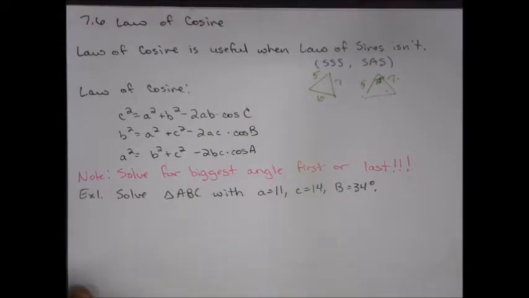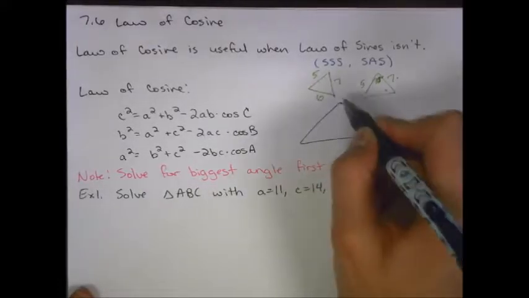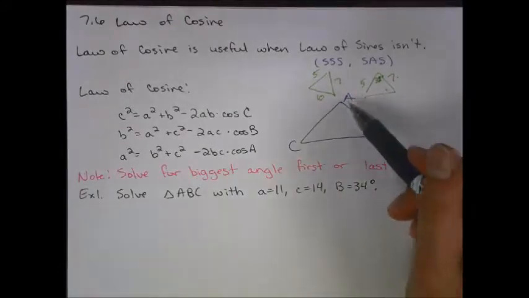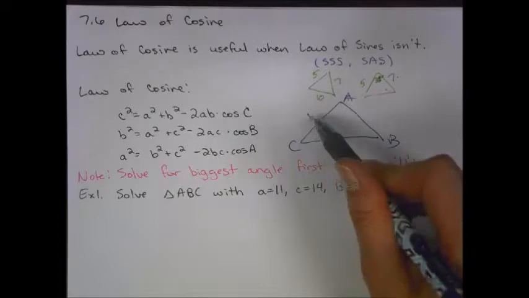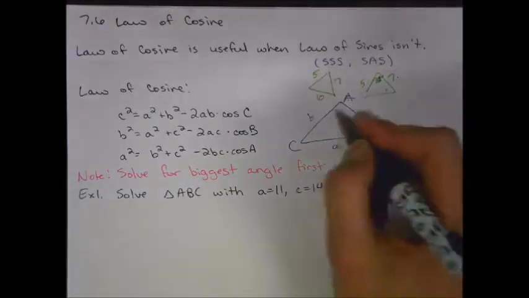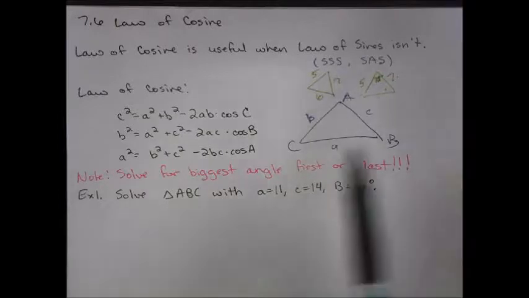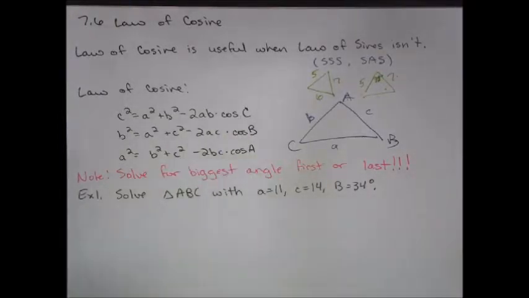So the law of cosine for any triangle, so go ahead and draw yourself a triangle and label it A, B, C. And we're still thinking of little a's across from capital A, little b's across from capital B, little c's across from capital C. Go ahead and write down all of these iterations.